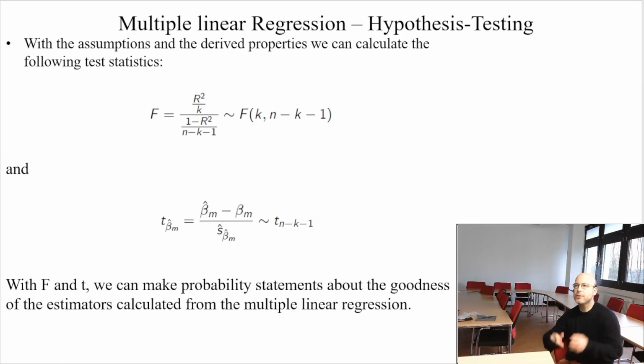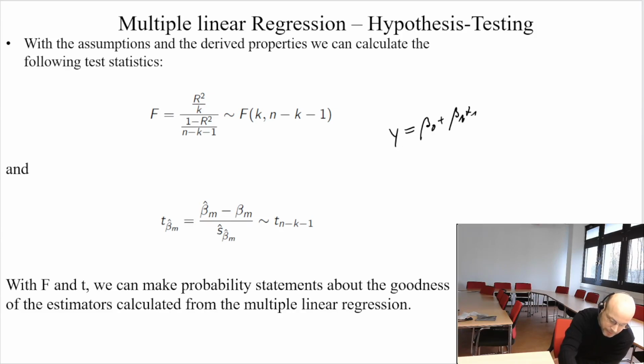And with these calculations, remember we have our model here. Y is beta 0 plus beta 1 x1 plus beta 2 x2 plus up to beta k xk.